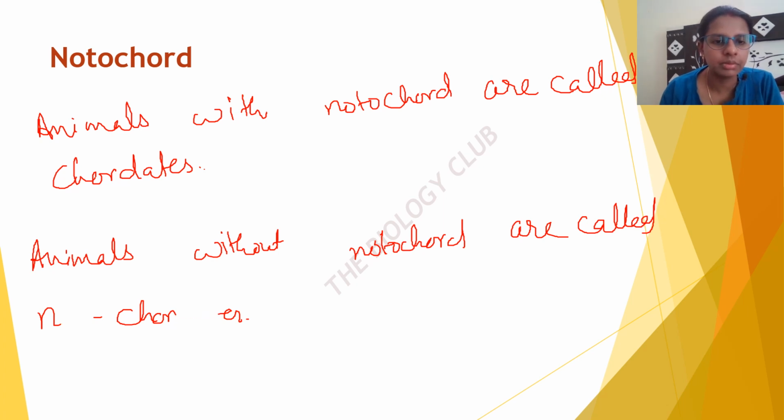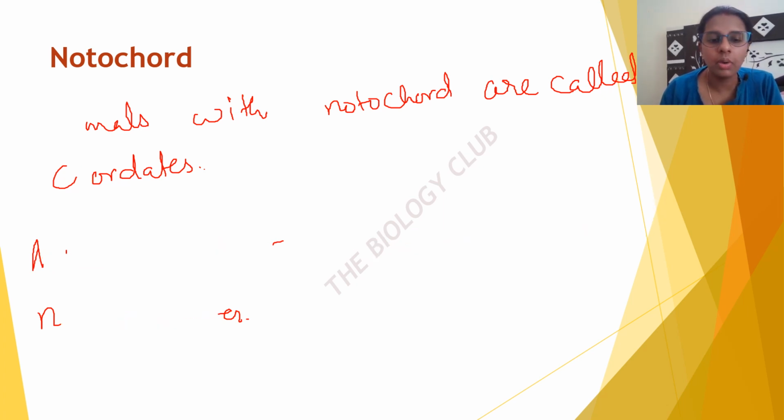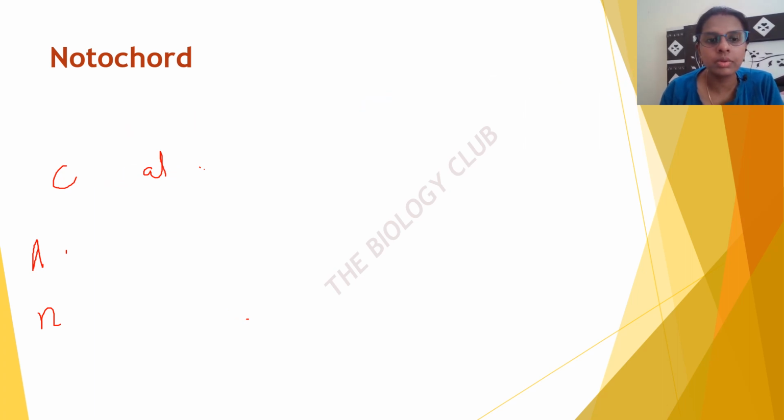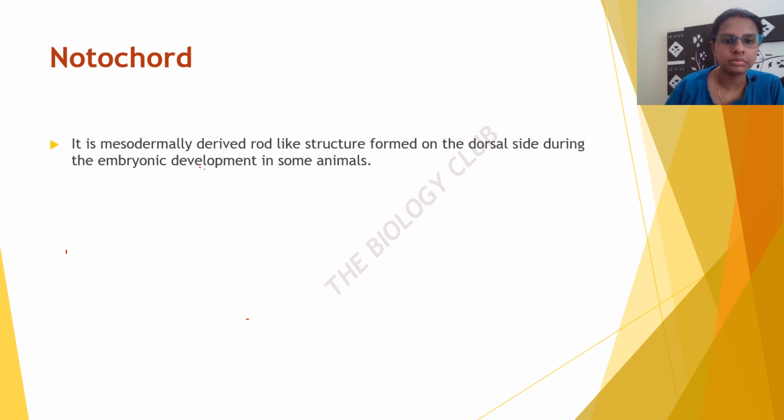Let me rub it for you. How it basically looks. Notochord is situated dorsally. Let me show you how. Here it is a mesodermally derived rod-like structure formed on the dorsal side during embryonic development in some animals, not all, in some.